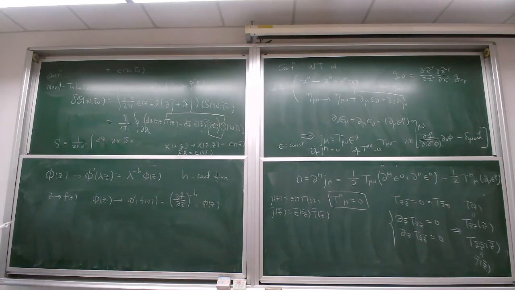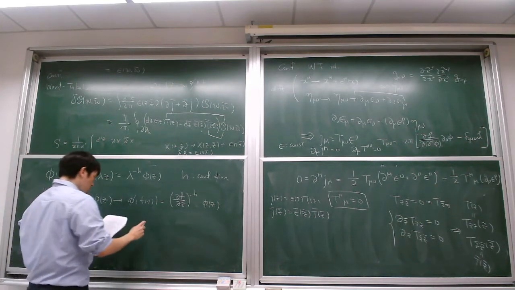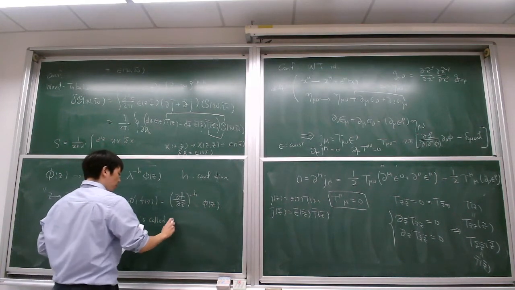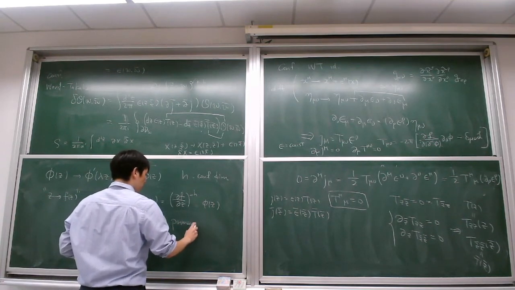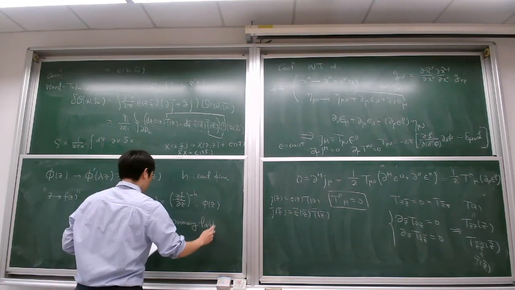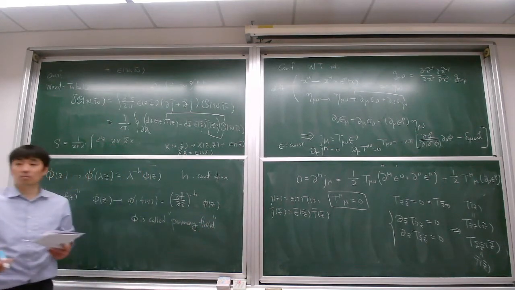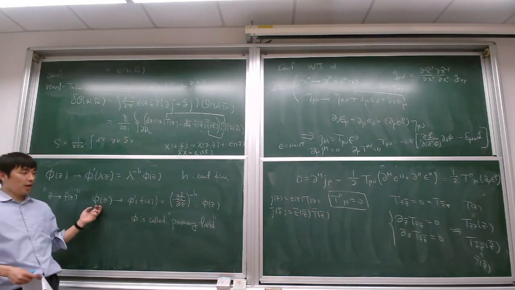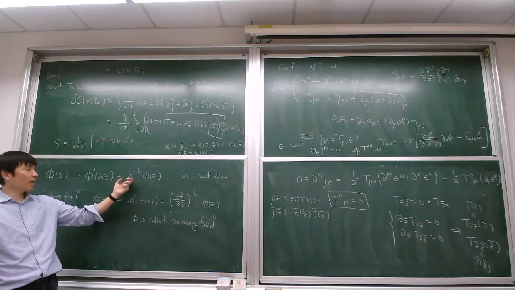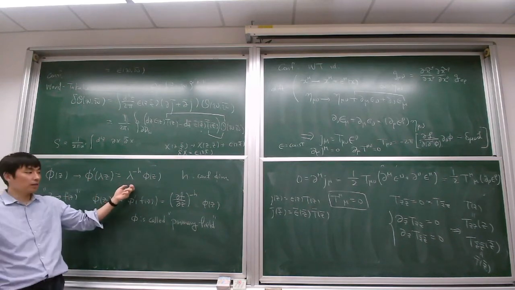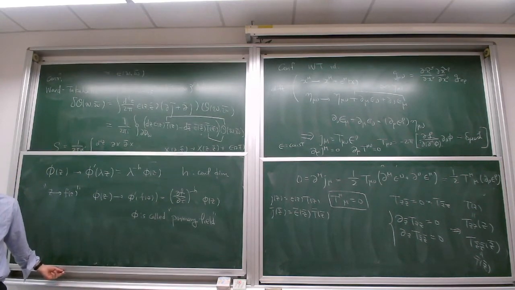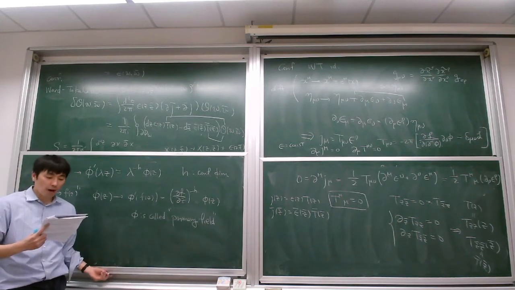So if under a conformal transformation the field behaves in this way, it's called a primary field. Under the scaling transformation the field always behaves this way, but this is not necessarily the case for any operator. But if an operator behaves this way, it's called a primary field.